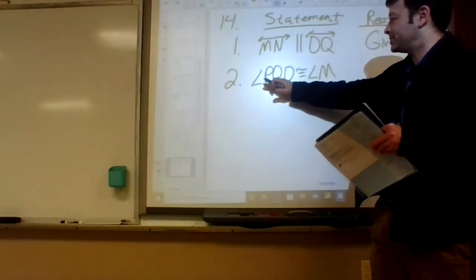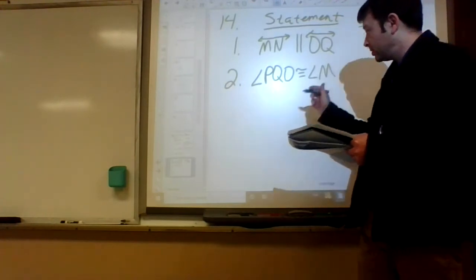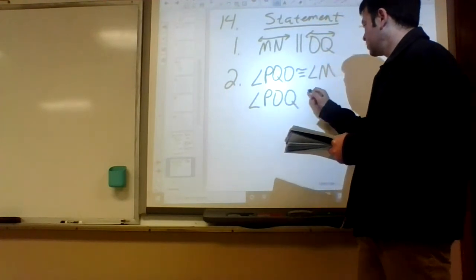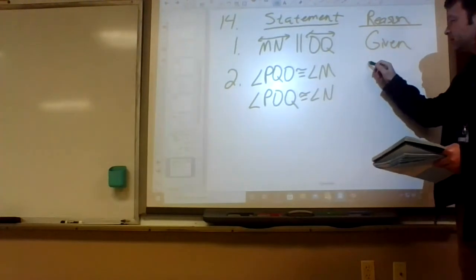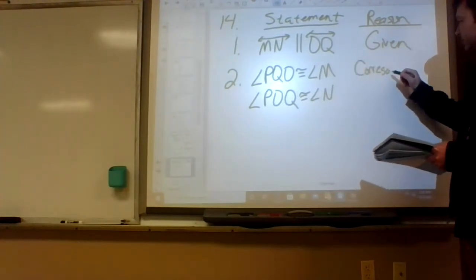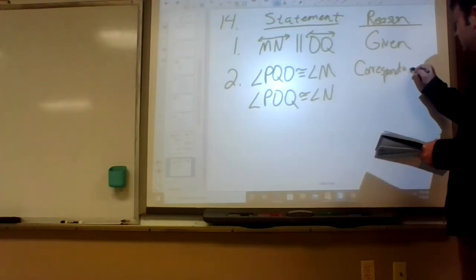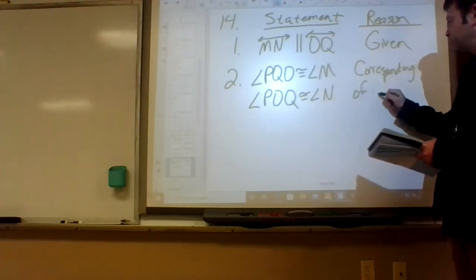Since it's the same reason, we're going to say the other angle. So what's the other angle? POQ and angle N. And what was the reason? Corresponding angles of parallel lines.